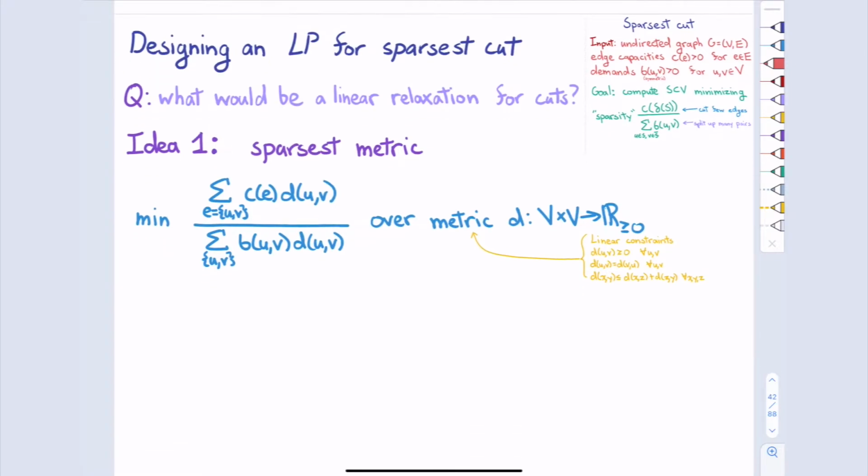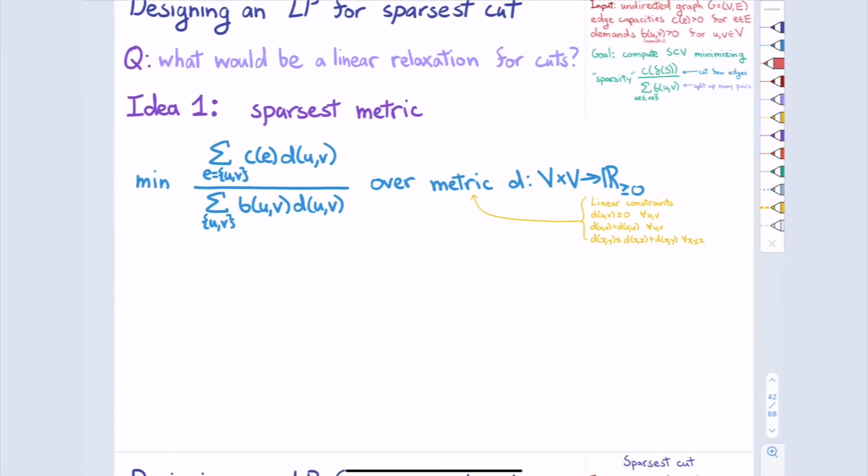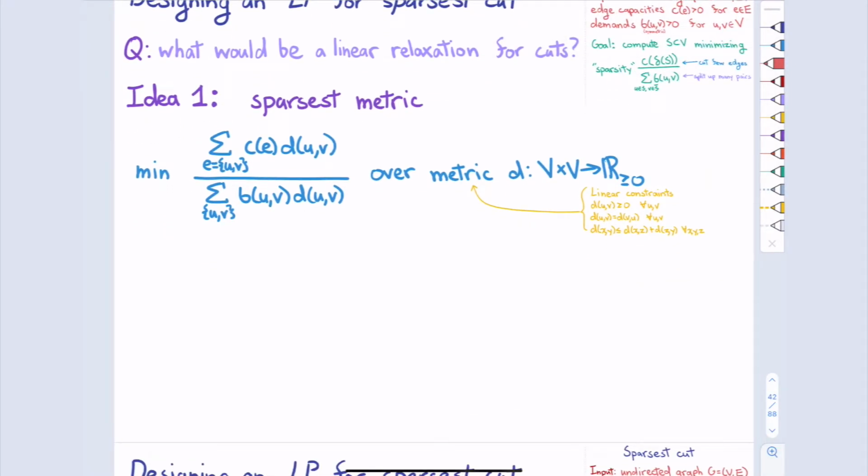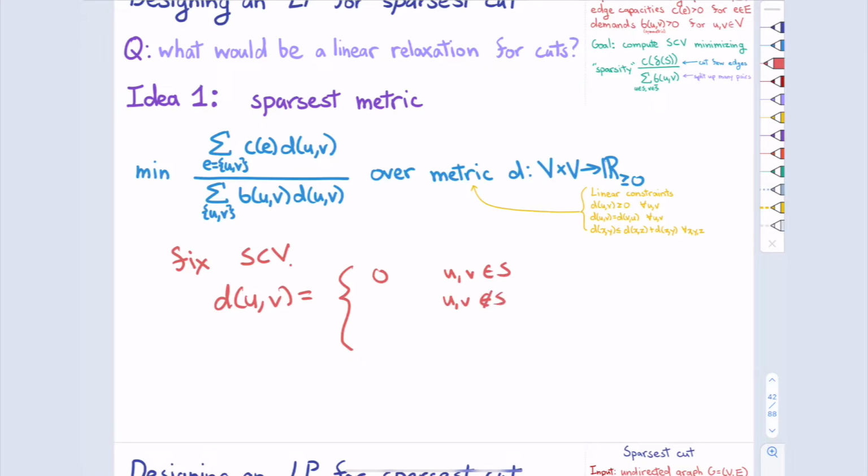Okay, so actually, I'll tie it to your idea in a moment. For any cut, here's one way to think about it. If I fix a set of vertices S, I could define a metric d_uv by saying that if u and v are both in S, they have distance 0. If u and v are both not in S, then they also have distance 0.